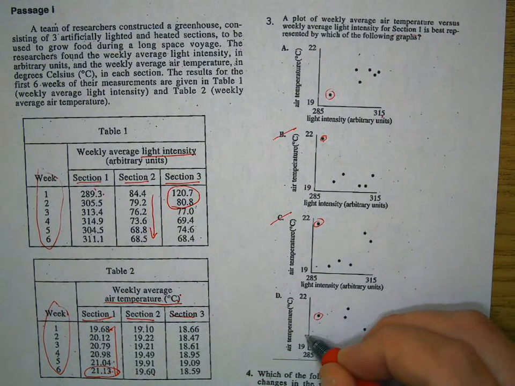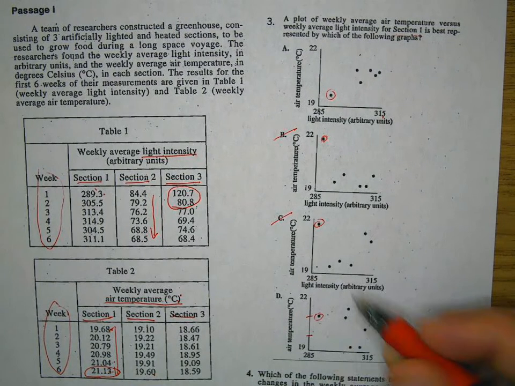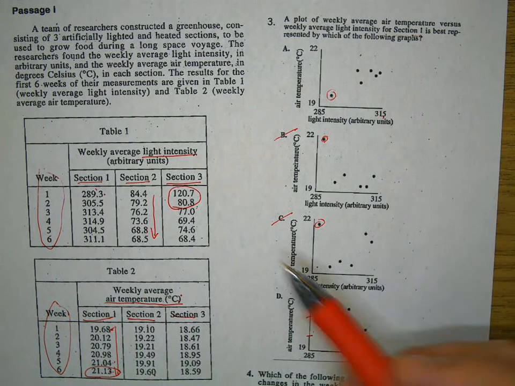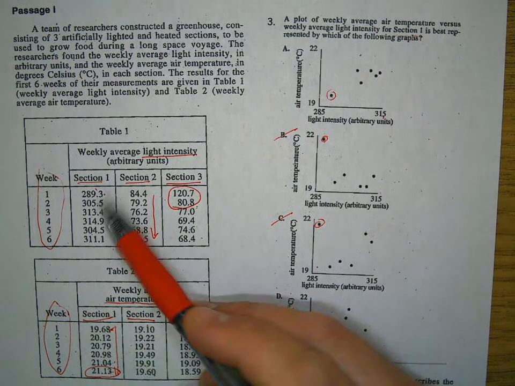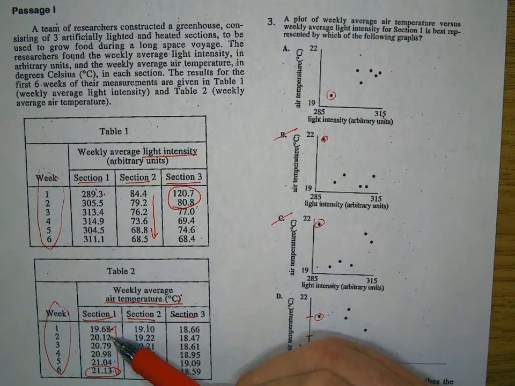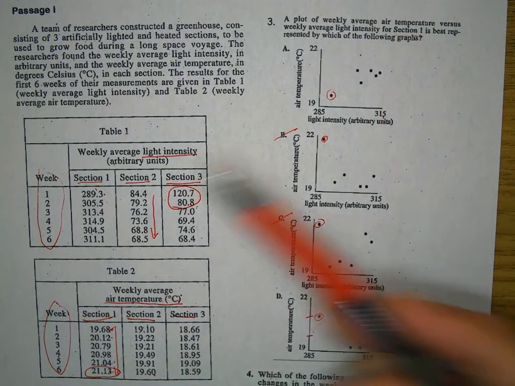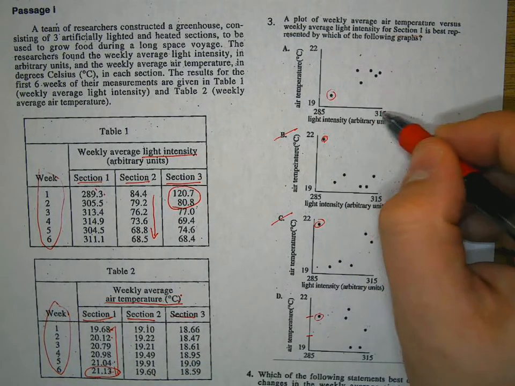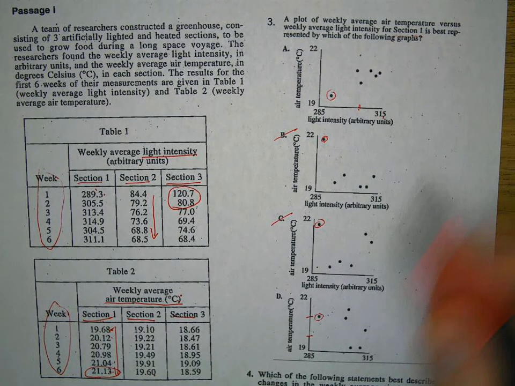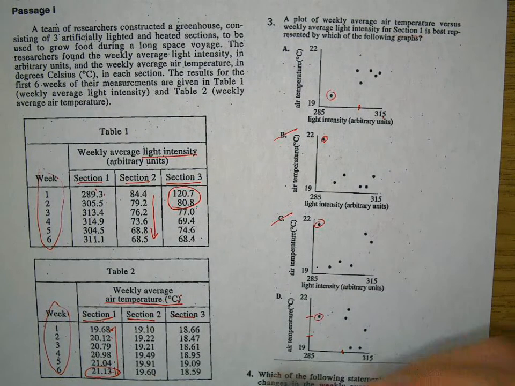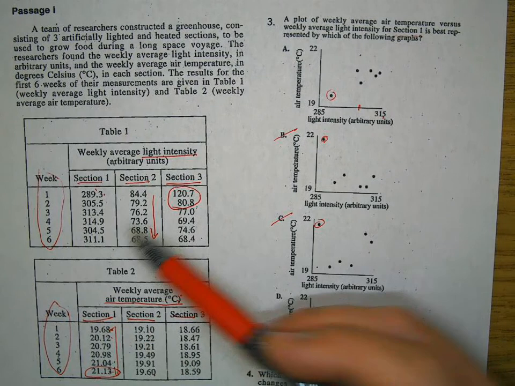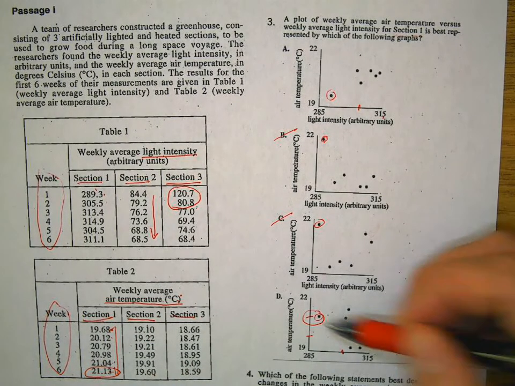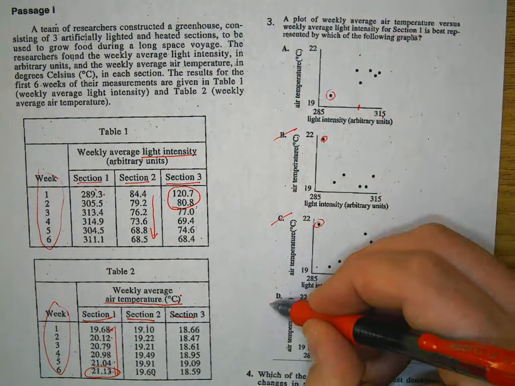That looks like it might be 21. Let's just double check another point. Our next point is at 20.12 and 305. So let's find 305. That's 15 and 15. So 305 is going to be over here somewhere. And our point is 20.12. This one was really around 20, and so we can eliminate that one, and A becomes our correct answer. Let's move to number 4.